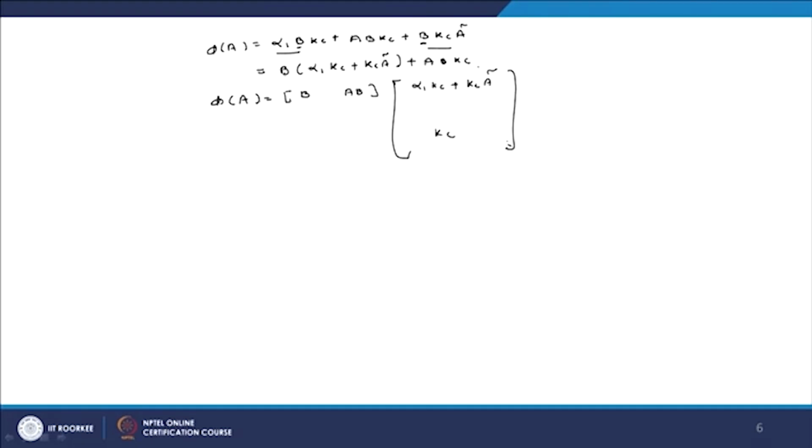So, we have written the equation in terms of A: phi of A equal to B AB times alpha 1 Kc, Kc A bar into Kc. Now, what will we do?